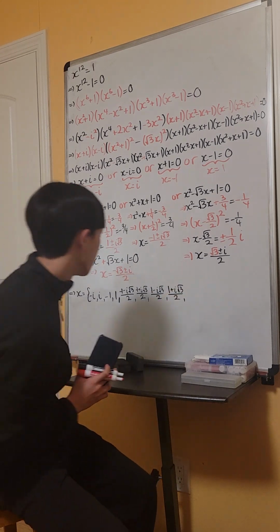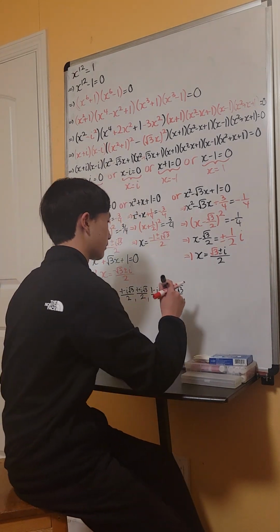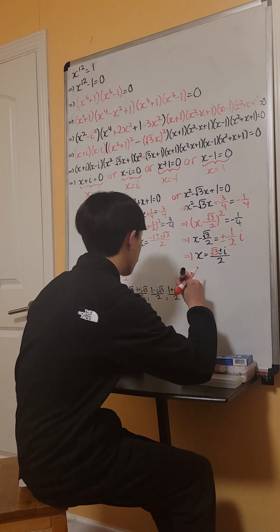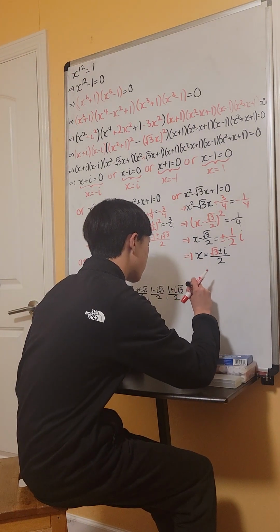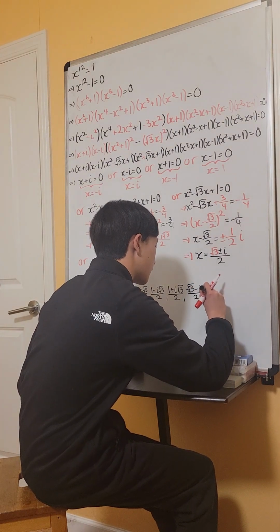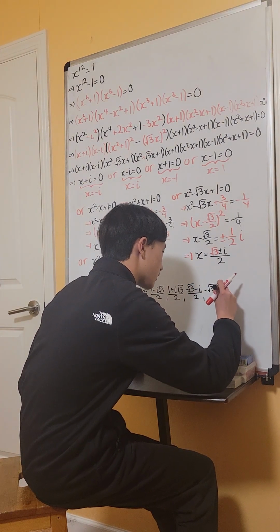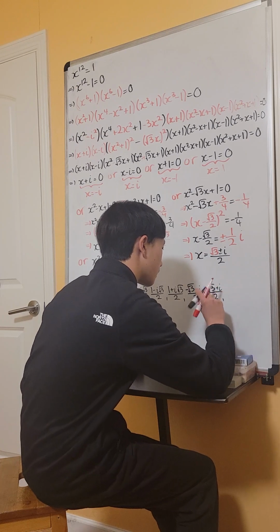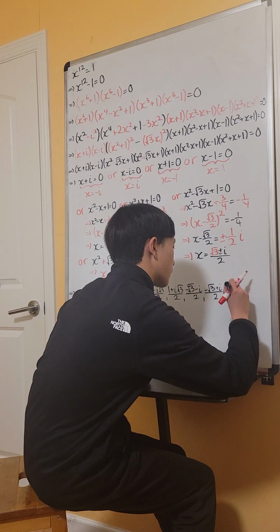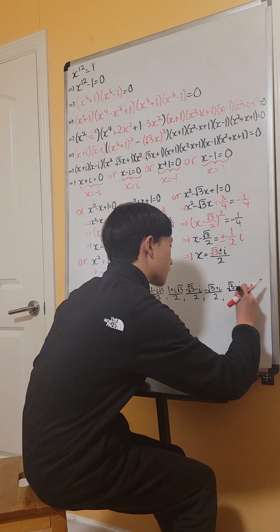Alright, down here we have negative 3. Oh, Jesus Christ. We have 4 more solutions. That just hit me. Negative root 3 minus i over 2. Negative root 3 plus i over 2. This negative is in the fraction, by the way. And then finally, we have the positive root 3 minus i over 2.